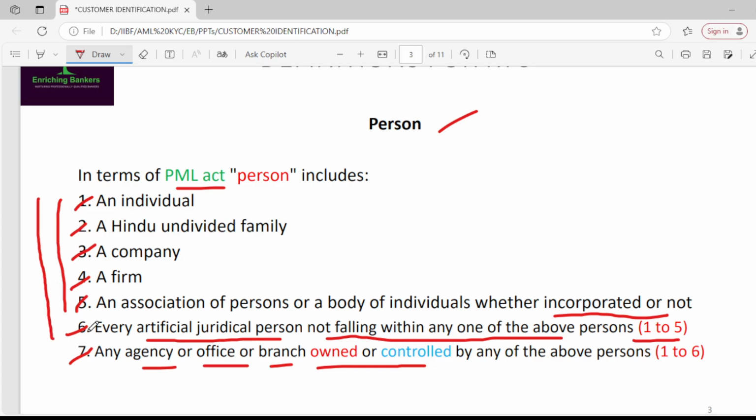Sixth one is 1 to 5. Seventh point is 1 to 6. Okay. For example, a company has a branch, so that is also considered as a person. A firm has office, so that is also considered as a person according to the PML Act.